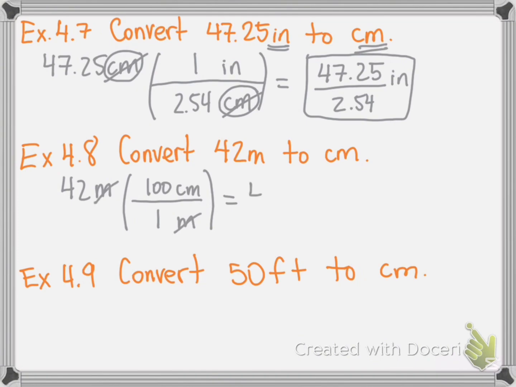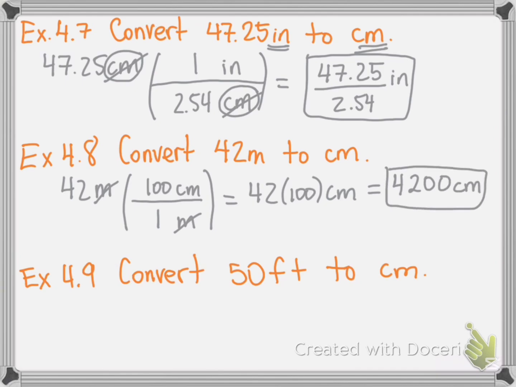And when we multiply, it's 42 times 100 centimeters. Now, you could leave the answer like that, but this is a very simple simplification, so we'll just do it. It's 4,200 centimeters. So the only reason why we multiply here is because it's by a power of 10, and so we just have to move the decimal 2 spaces.